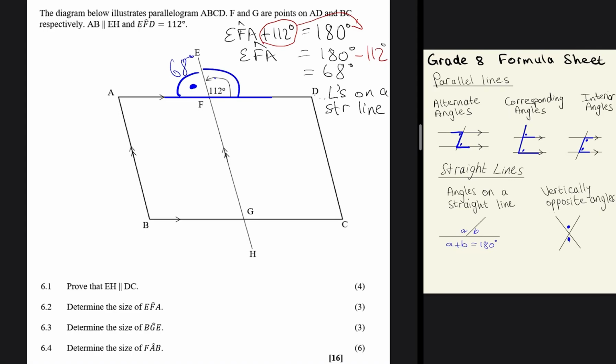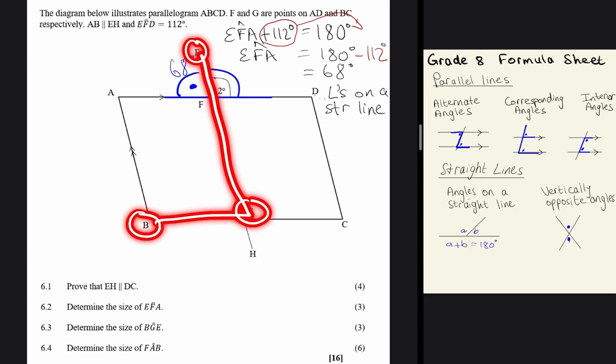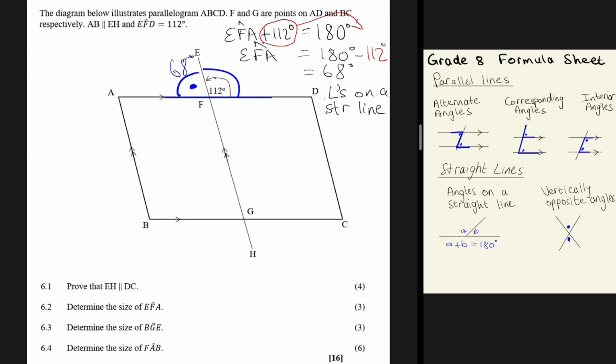Now, next question. The next question is determine angle BGE. Now, where's angle BGE? There's B, there's G, and there's E. If we connect that, we're dealing with this angle over there. That's angle BGE. So now, to determine angle BGE, again, let's look at the parallel lines and the formula sheet, and I see an F. Where's the F?